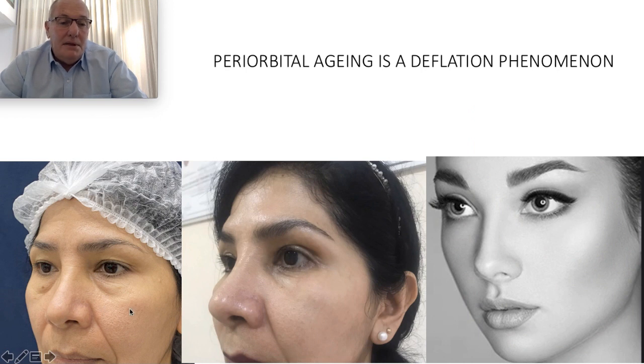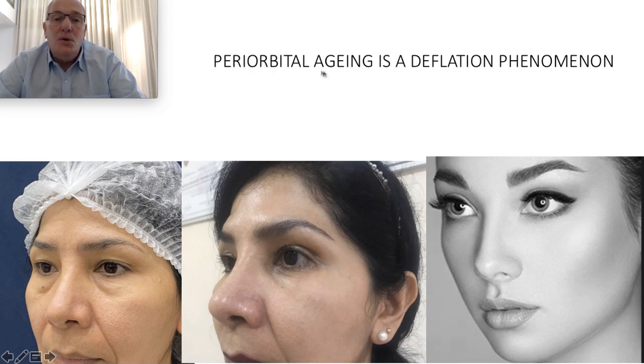In this view, you can see a sad, tired, old expression. Here it is completely different, and you can see here the excess of the skin was tightened with carbon dioxide laser, and you can see a nice position.